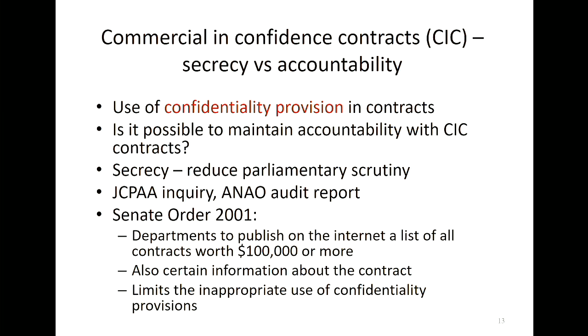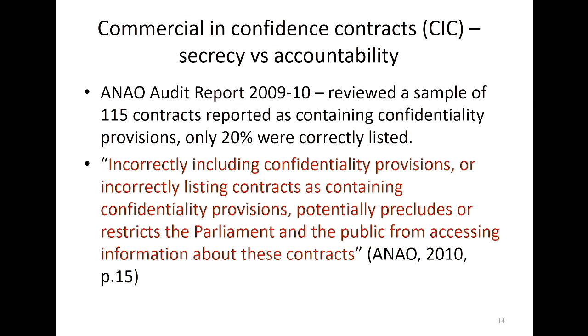Okay. So you can see over time, there are still issues identified by ANAO. This is 2019. ANAO states that incorrectly including confidentiality provisions, or incorrectly listing a contract as containing confidentiality provisions, potentially precludes or restricts the Parliament and the public from accessing information about these contracts.